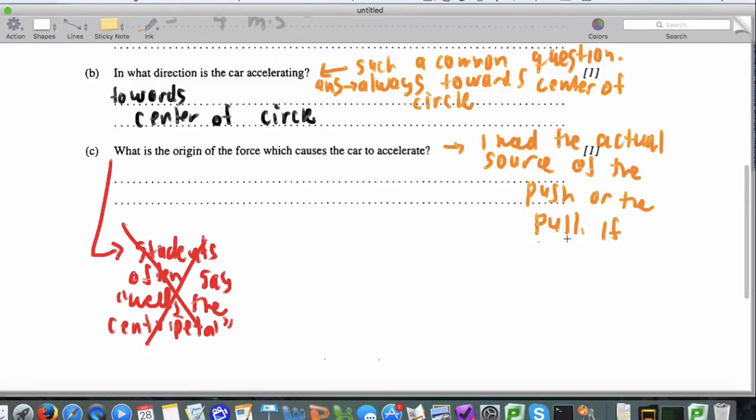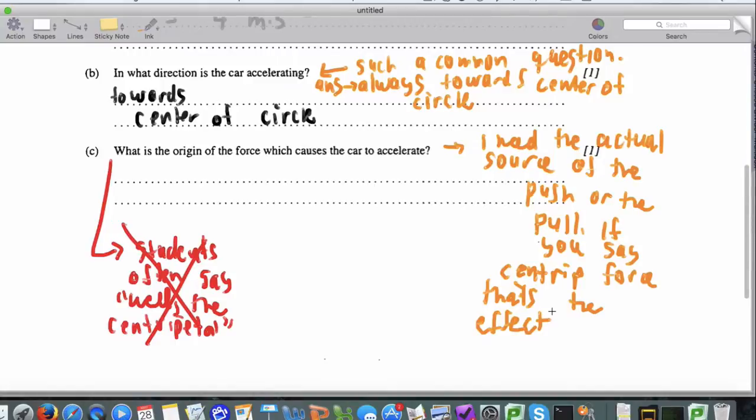If you say centripetal force, that's the effect. When you say centripetal force, you're saying, I'm not sure what the force is, but I know it makes it move in a circle. So that is not correct.